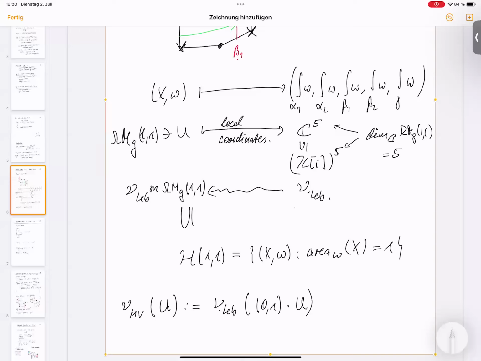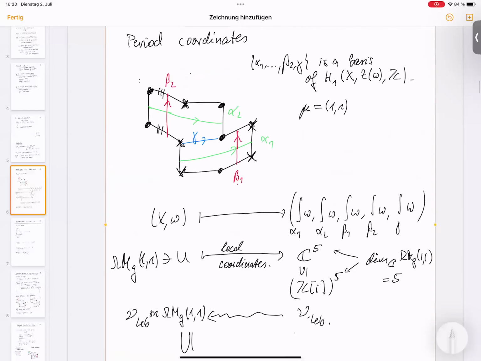is if you restrict, we can get a finite volume form if you restrict to the analog of the unit tangent bundle, which is all those surfaces X whose area with respect to the form omega is equal to a constant, let's say the constant 1.